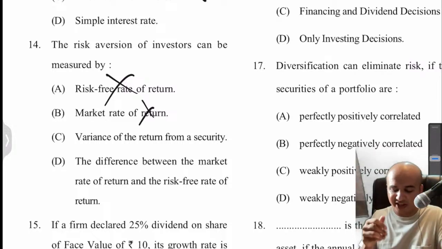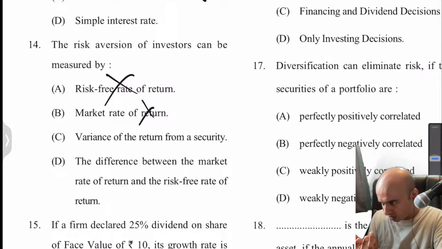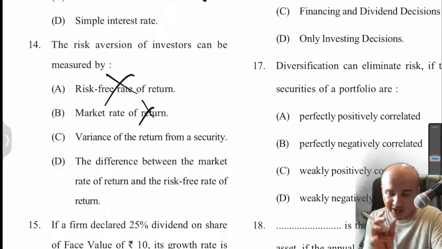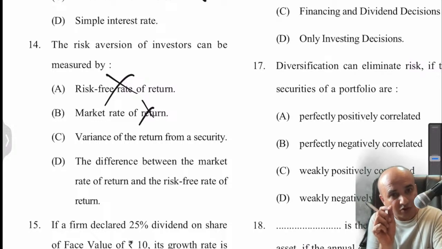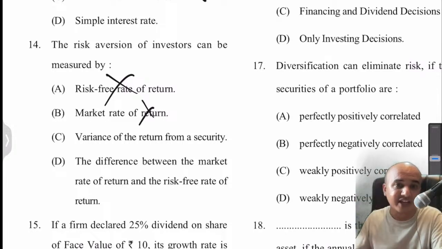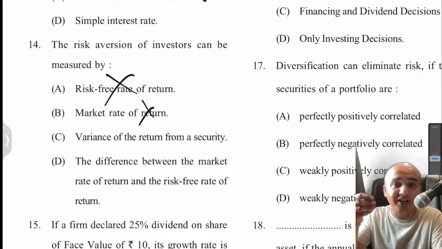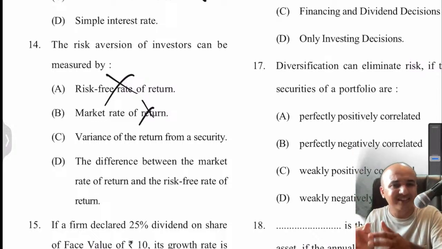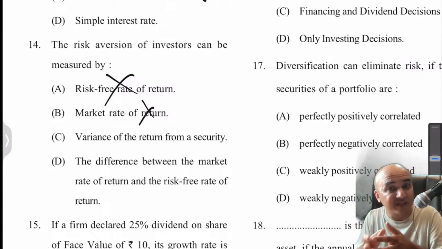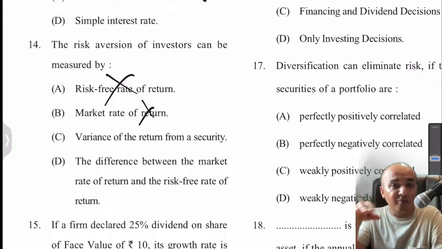So now what is this variance? Variance is a statistical measure that tries to quantify the dispersion or the variability of returns from a security or investment. It in fact captures the degree of fluctuation in the returns and serves as a kind of base for the level of risk associated with the investment.